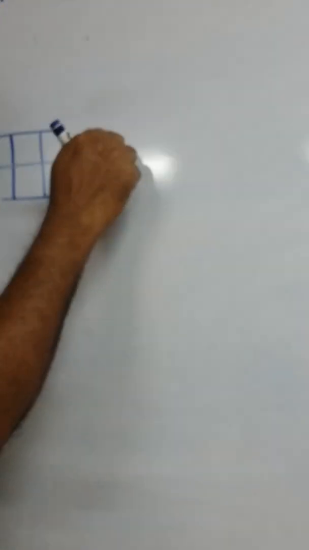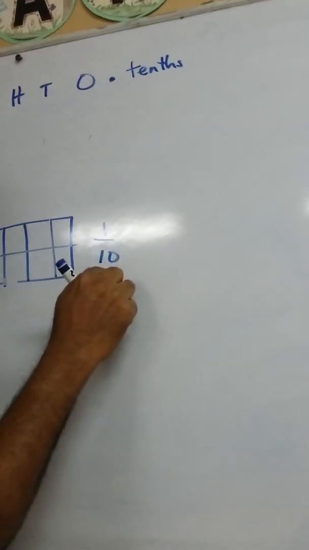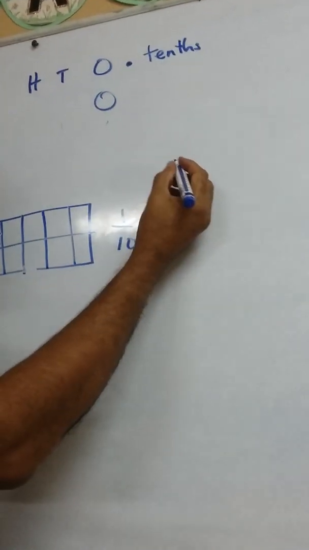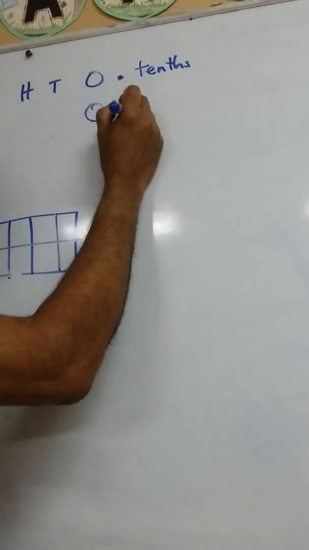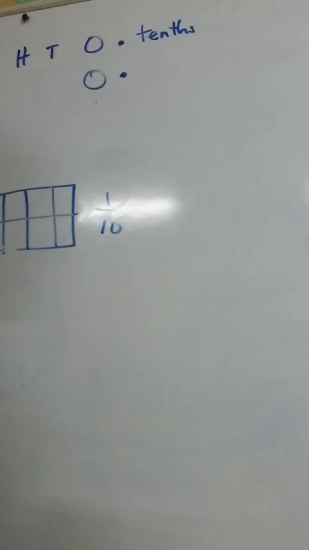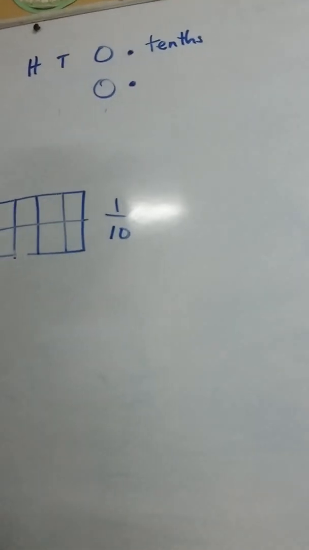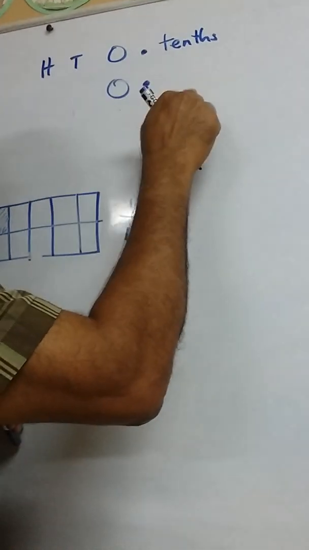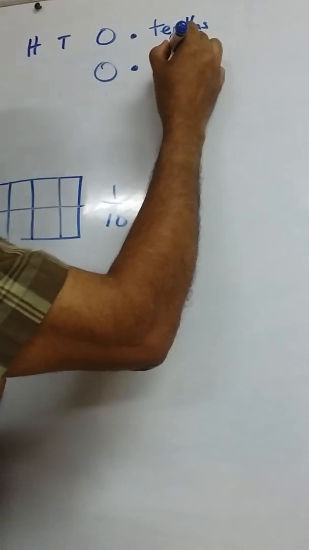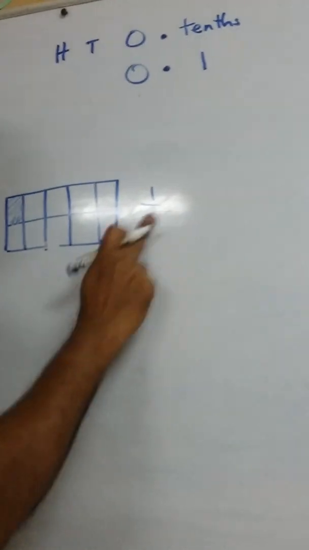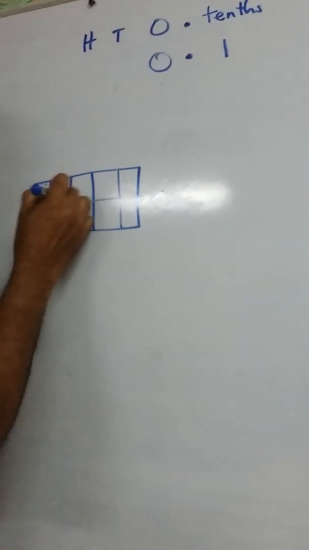So if we have 1/10, that means we have 0 wholes, and this point here is called the decimal point. The decimal point is used to separate the wholes from the fractions, and I have 1/10. Good? Suppose I had shaded 3.